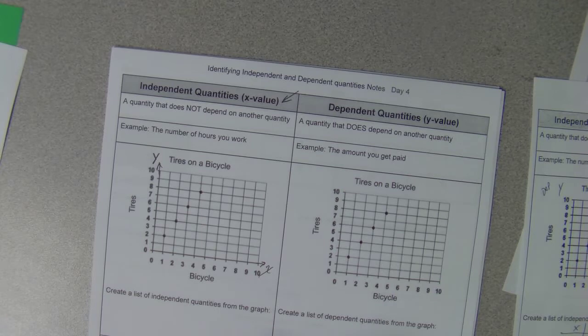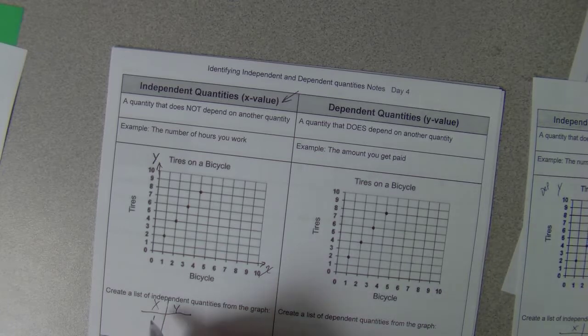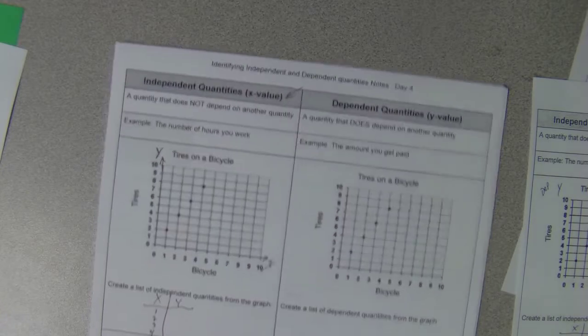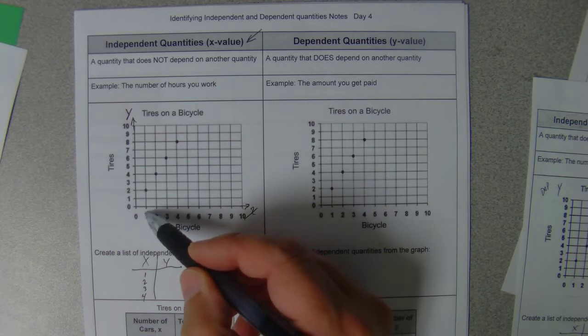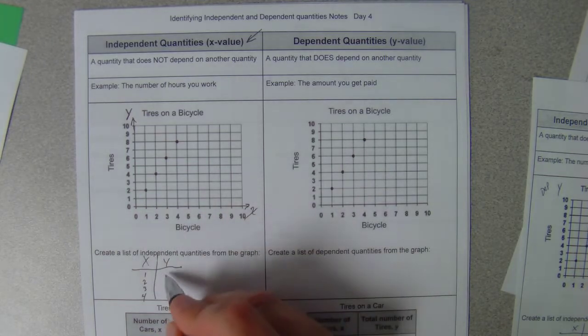All right. With that, let's go ahead and create X's and Y's. Notice you have 1, 2, 3, 4. So those are the X's. Make sure I'm on the page, folks. For Y, the first ordered pair is 1, 2.